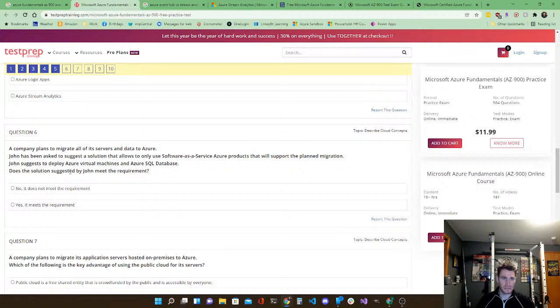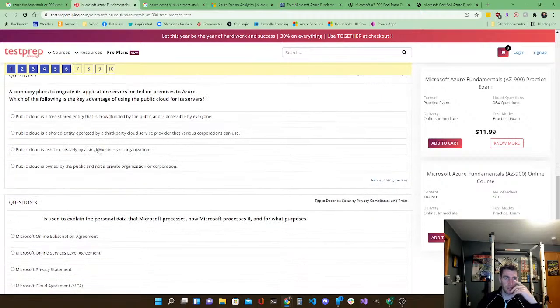Does the solution suggested by John meet the requirement? No, for sure. Virtual Machines is IaaS, Infrastructure as a Service. And then the SQL database is PaaS, Platform as a Service. So no, it does not.